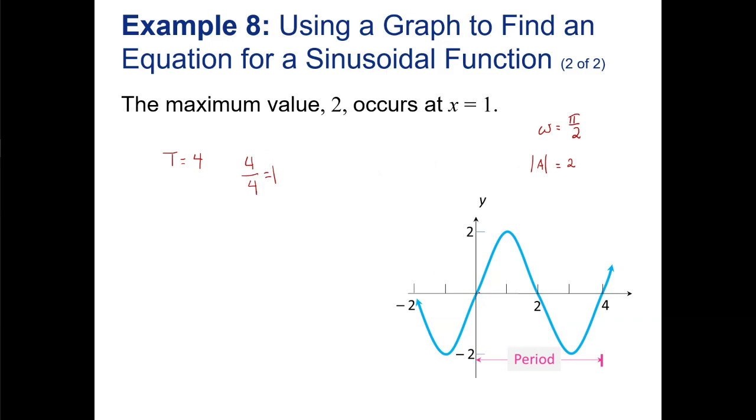So here's our sine of 0. And then if we go 1, that's 1/4 of the period. So we know that's where we get the next point. And the graph shows us that that's a positive 2. So we can now determine that y is equal to 2 times the sine, and omega is pi over 2, so pi over 2 times x.